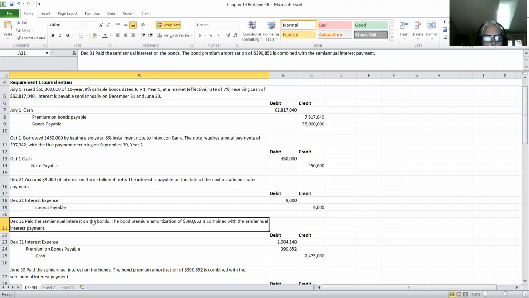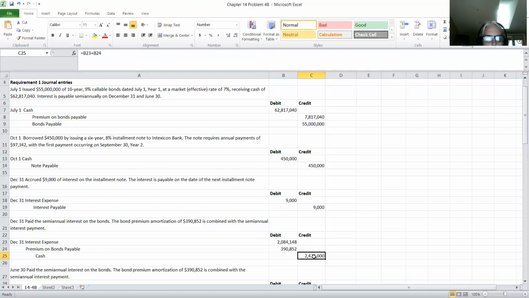The interest that is owed on the bonds would have been debited to the interest expense account, and then we would have credited the cash amount for the interest on the bonds. So the cash amount of the interest that we're going to have to pay back is the semi-annual rate of interest. That's the cash that would be credited here.